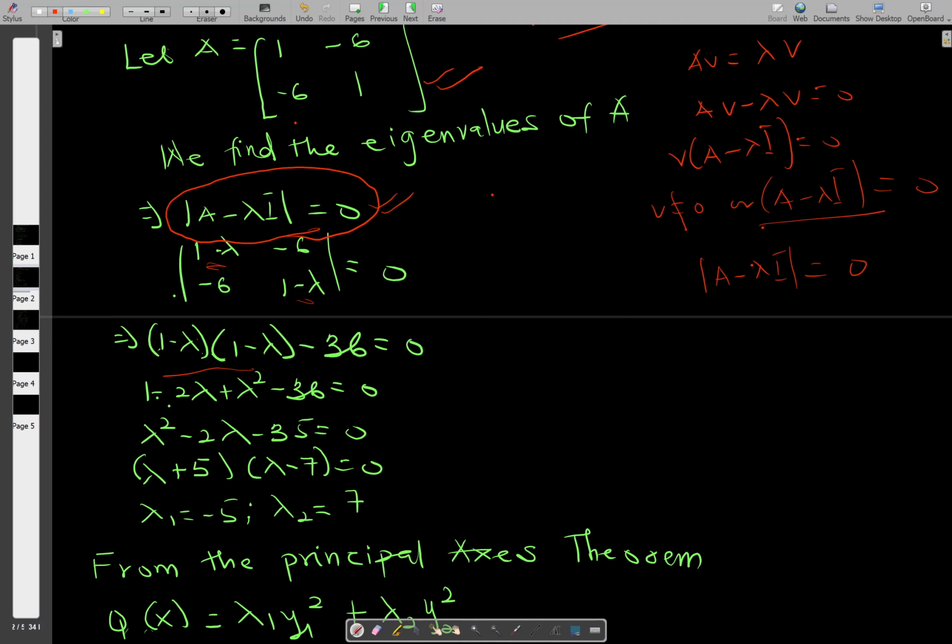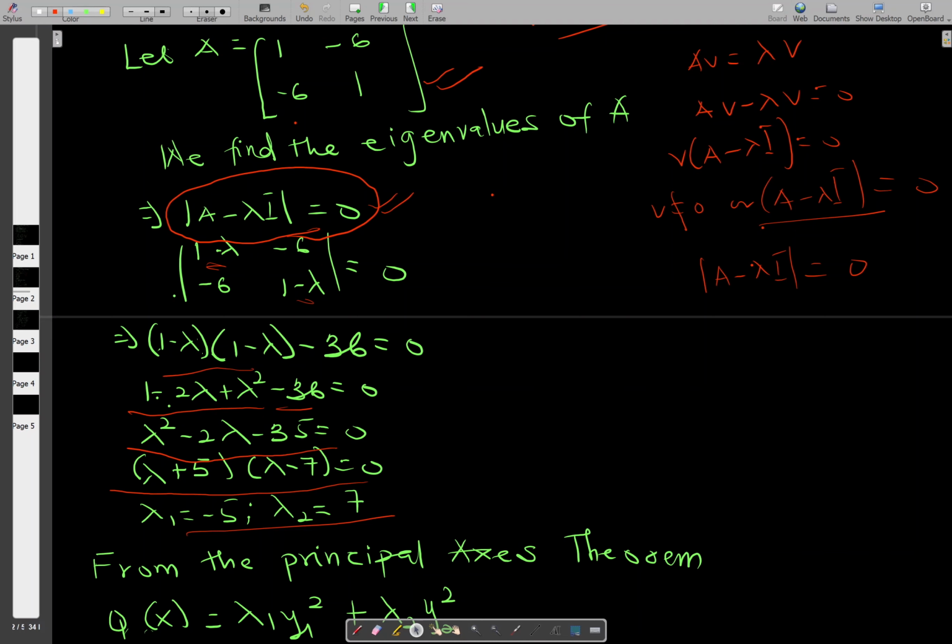When we expand and simplify, and factorize completely, we get lambda plus 5 equals 0 or lambda minus 7 equals 0. So lambda 1 is negative 5 and lambda 2 is positive 7.